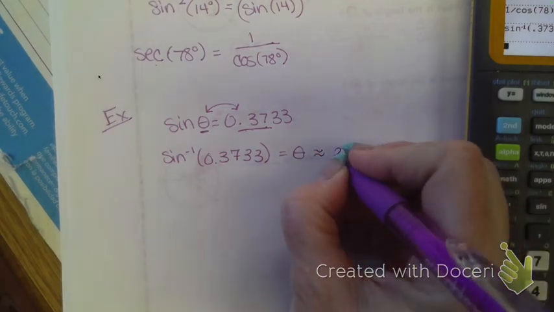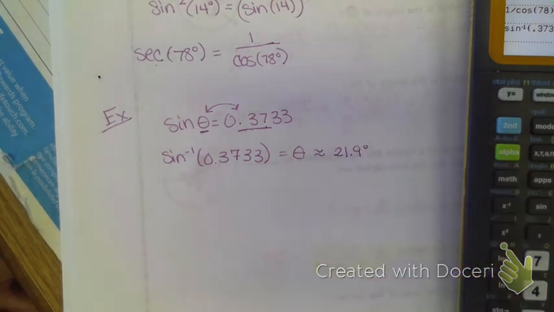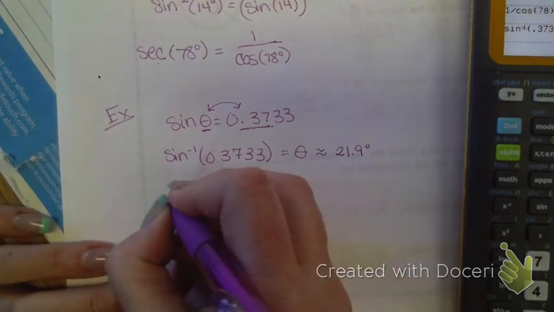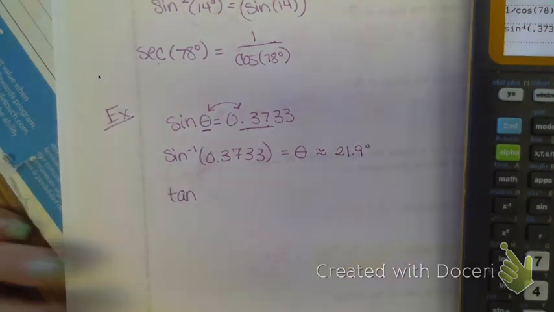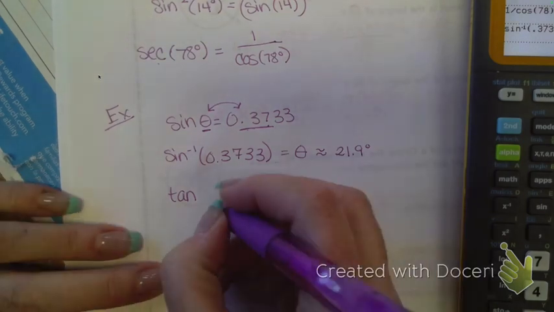So 21.9 degrees. Did you put inverse sine of 0.3733? Garbage in, garbage out.